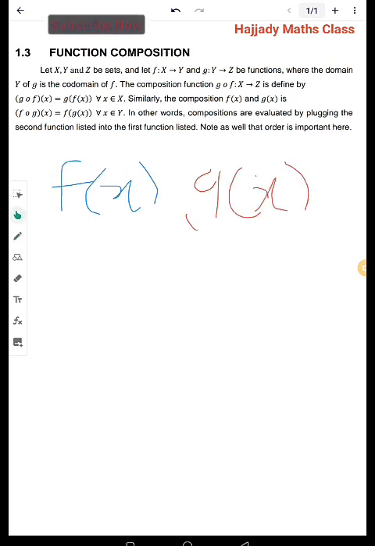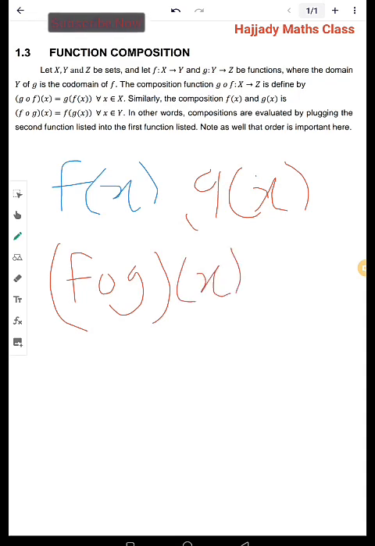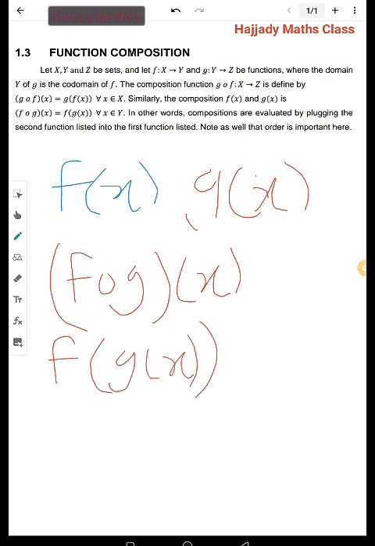So g of x can be integrated into f of x. With that, we can have f of g of x, which is also the same as saying f(g(x)). That means we are integrating the function g of x into f of x.